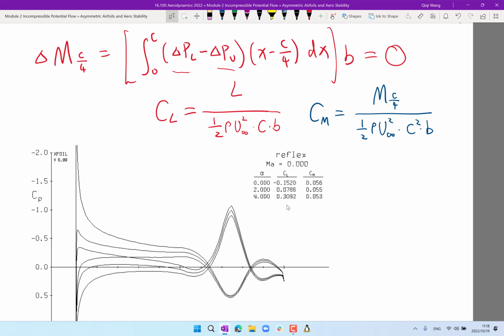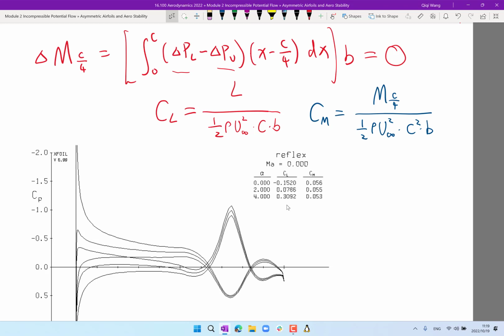Okay, maybe an easier question to start with. I forgot to tell you the sign. By convention, the sign for CM is pointing into the board. So a positive CM would be a nose up moment, and a negative CM would be a nose down moment.